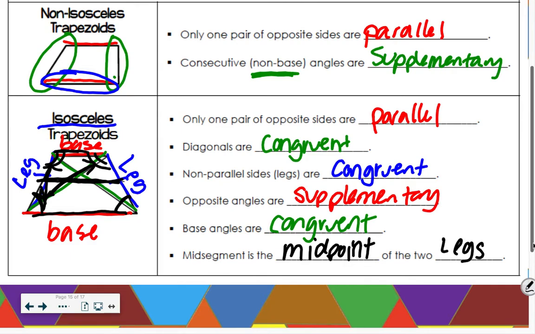It's also in our notes, but I just want to put it here because we got everything else here, okay? We use this formula, mid-segment is 1/2 times base plus base. So we add our bases together and take half of it, and that is the length of our mid-segment. And we'll talk about that more in the actual notes part, but I just want to put it there so we have all our info in one place.